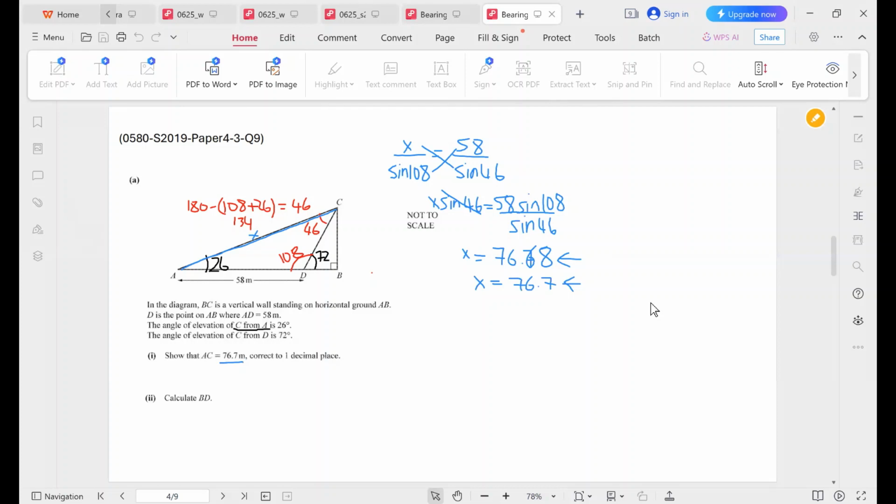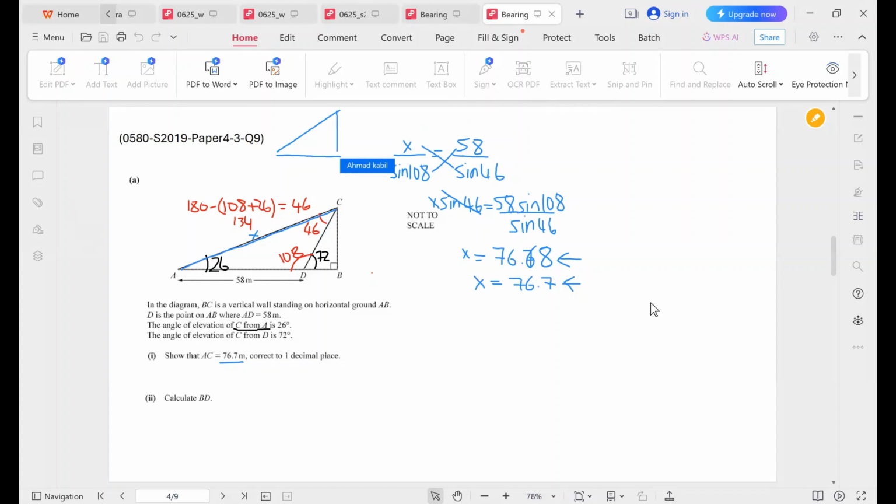Next, we're required to calculate BD. So how would we calculate BD? A good idea would be to try to figure out the height BC first. And we're able to do that now that we have X. So let's look at the big triangle. Let's look at triangle ABC first without the CD part.